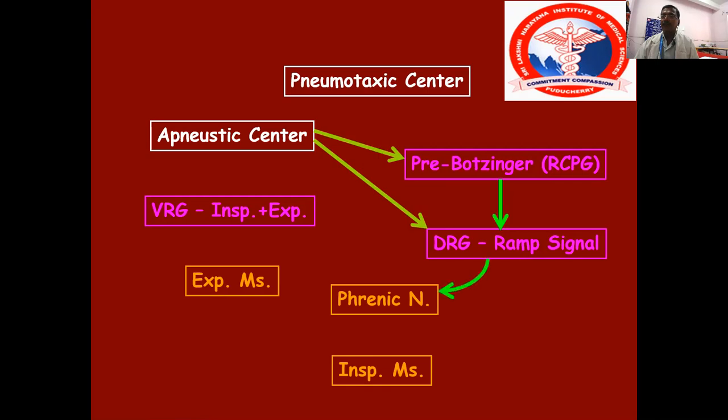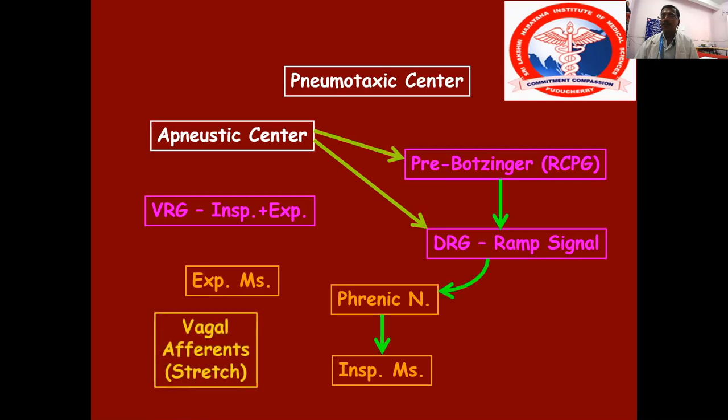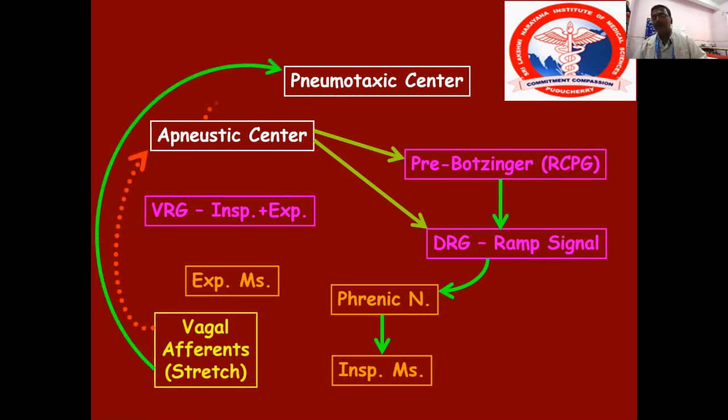All this is controlled through the phrenic nerve, then to the inspiratory muscles, and from the vagal afferents. When the respiratory muscle gets stretched, impulses arise from the vagus and reach the pneumotaxic center, as an excitatory impulse, while an inhibitory impulse goes to the apneustic center.